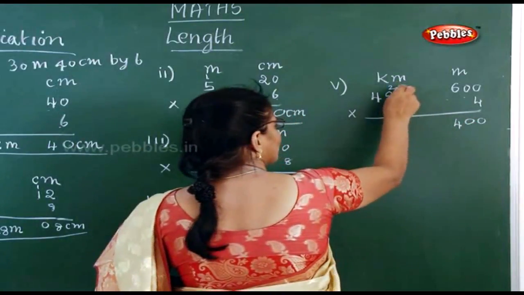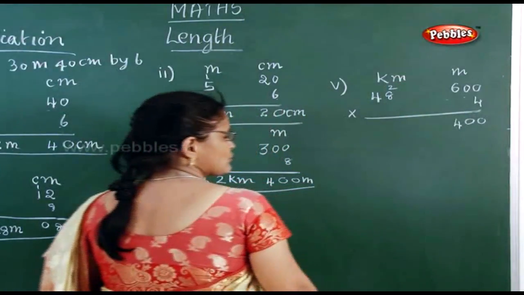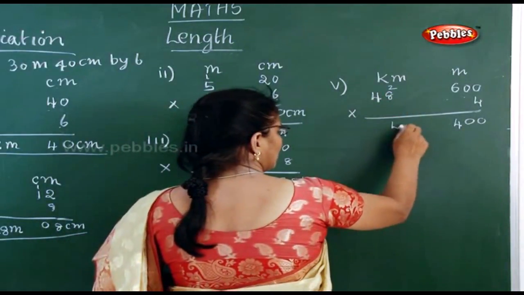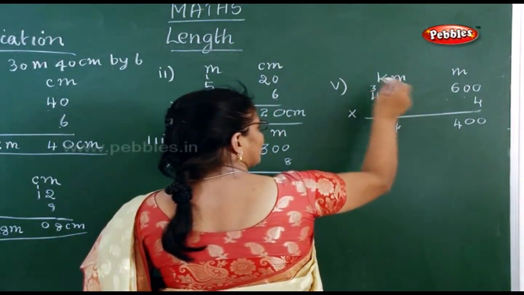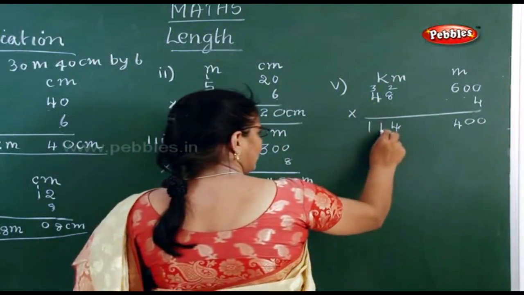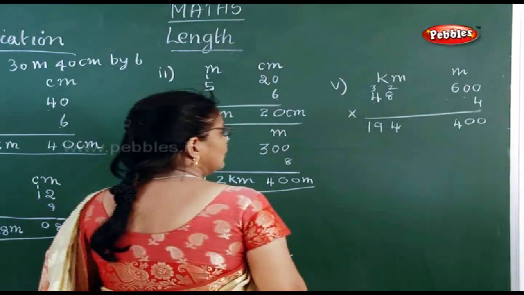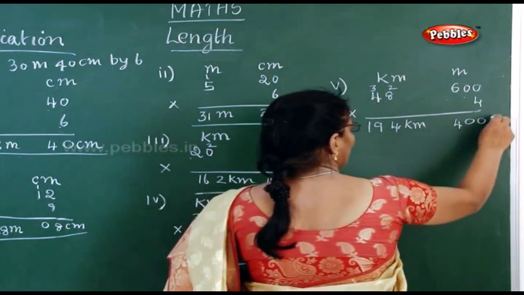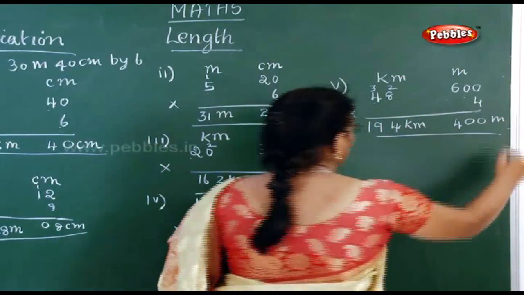Now you have to put 2 here. 8 4s are 32. 32 plus 2 is 34. Now you have to put 3 here. 4 4s are 16. 16 plus 3 is 19. So you have to write 194 kilometer and 400 meter.